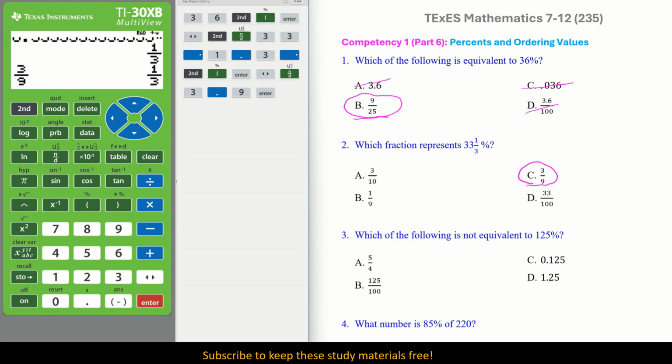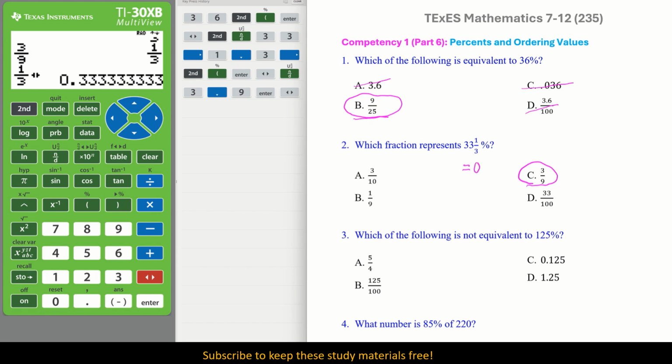Isn't that 1/3? Now let's use our toggle button. And we see that it is 3 repeating. So C is the value we need. Okay. And just a little FYI, another way to write that is also 0.3 with a bar over it. Okay. That may be something you might see on a test.